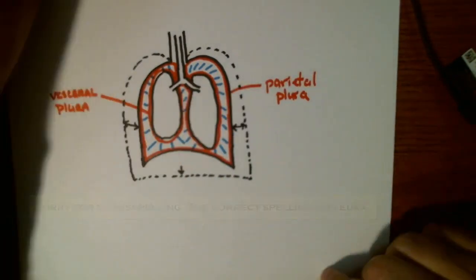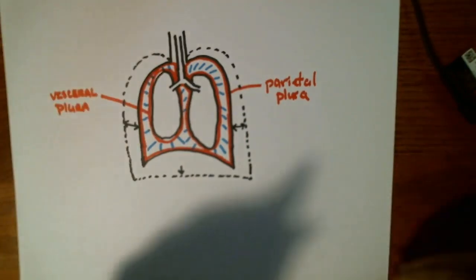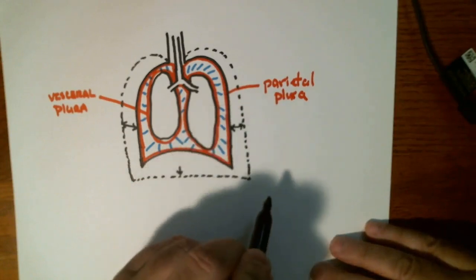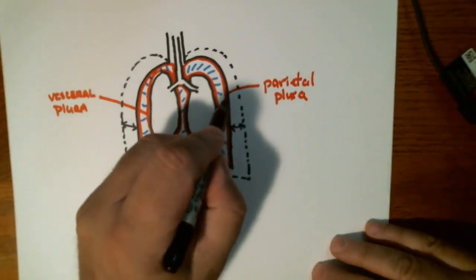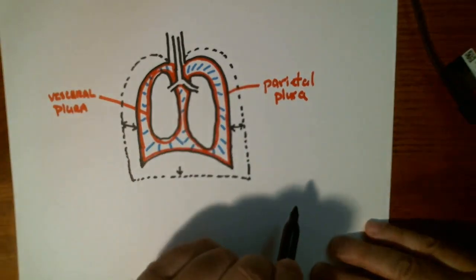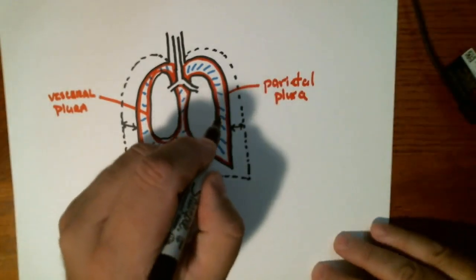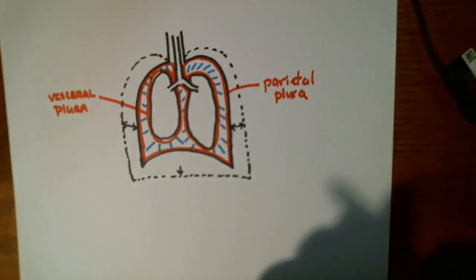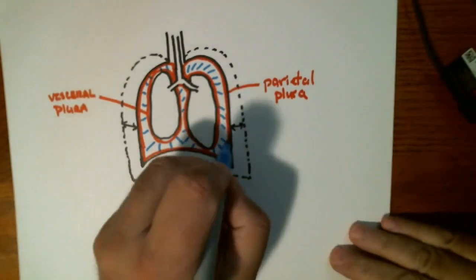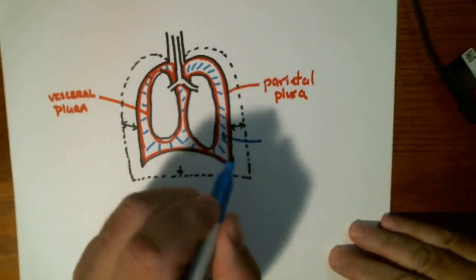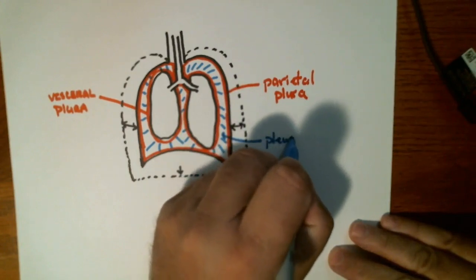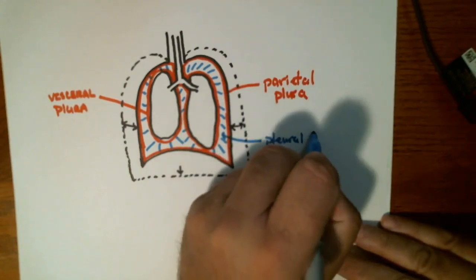So now what's going to happen is when this body wall is increased in size, that's going to pull on this parietal pleura, which is attached right to the inner surface of the body wall. And this pleural fluid that we have in here, so here's our pleural fluid, that pleural fluid does two things.